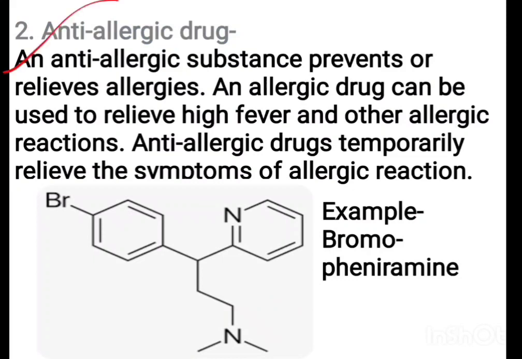Now we have to know anti-allergic. From the name we can guess that this term is related to allergy, so that's why we term it anti-allergic. So an anti-allergic substance prevents or relieves allergies. For prevention and relief of allergies, we have to use anti-allergic substances. An anti-allergic drug can be used to relieve high fever when it is due to allergy.